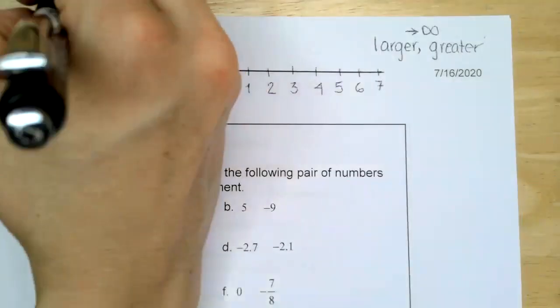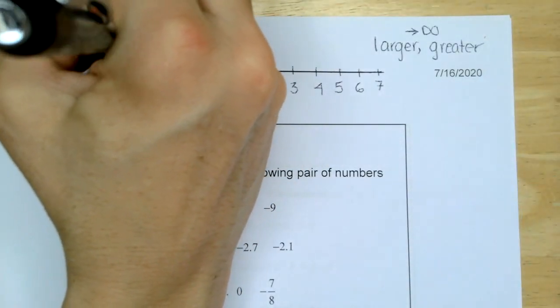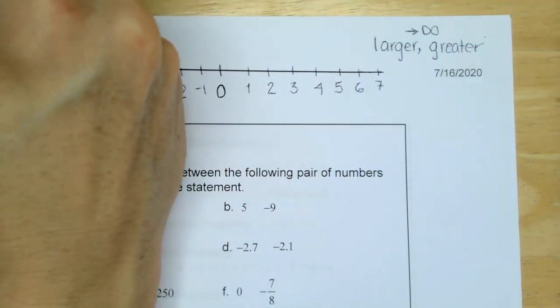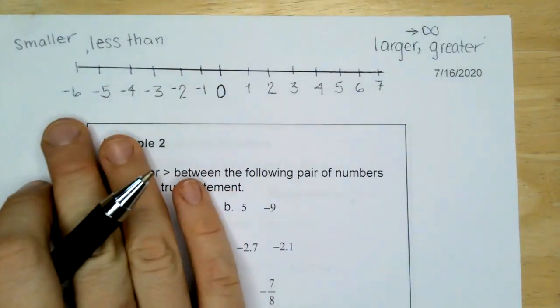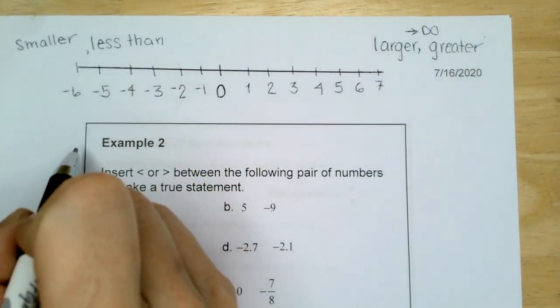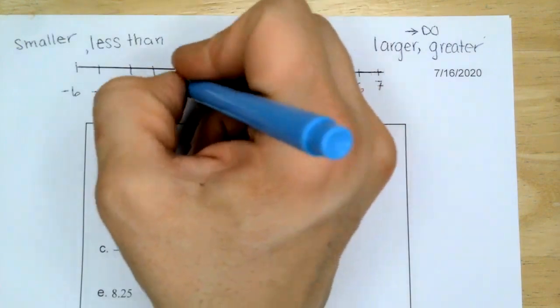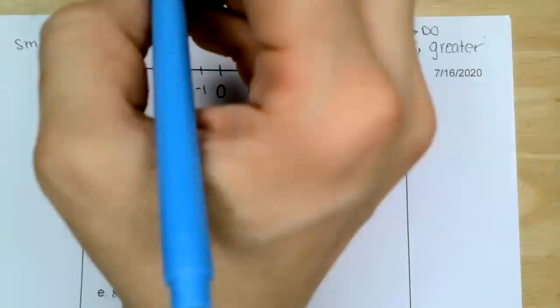Here we have the opposite of greater, we call less than. The number is smaller, right? Even though the numerical digit is bigger, 6 is bigger than 5, and -6 is smaller than -5.